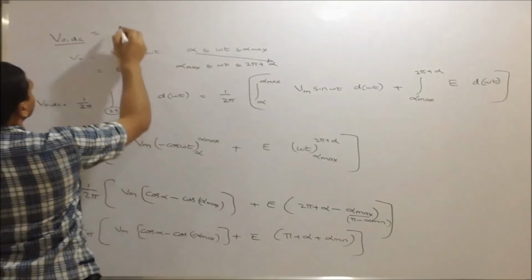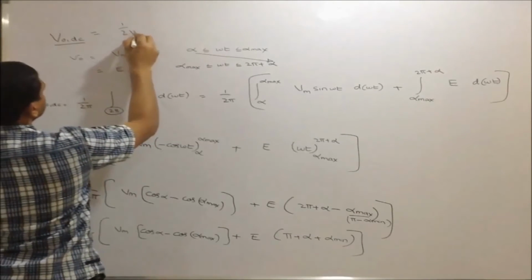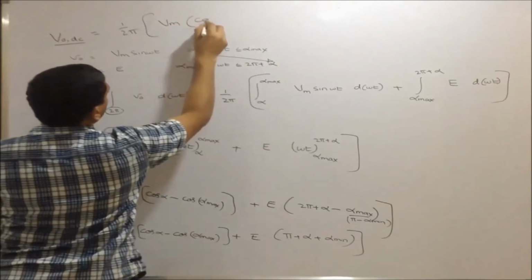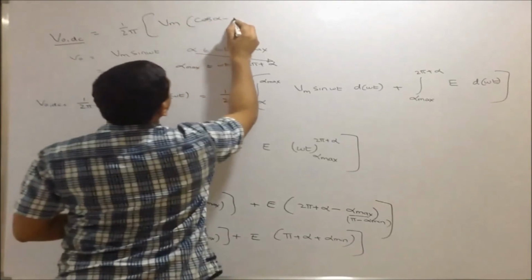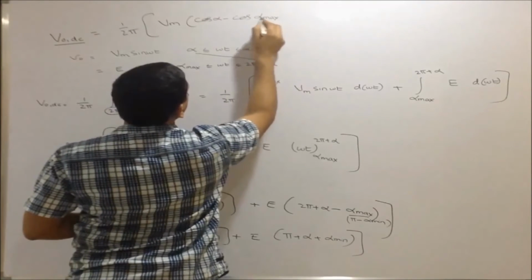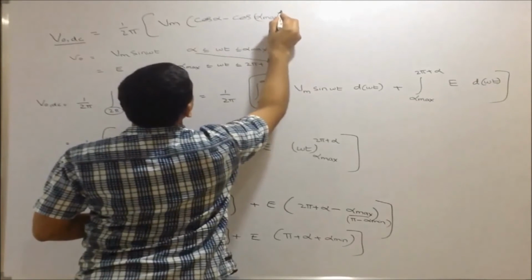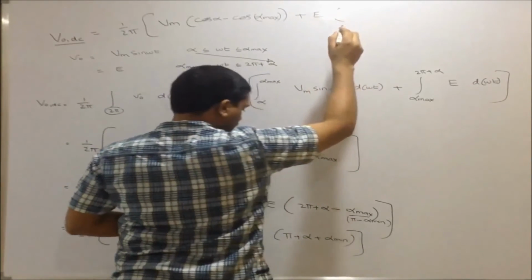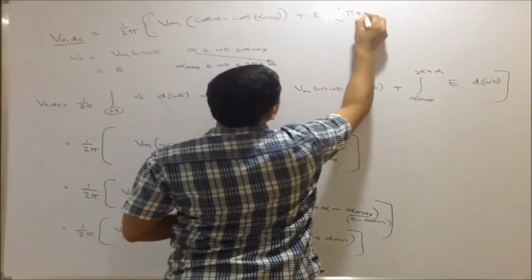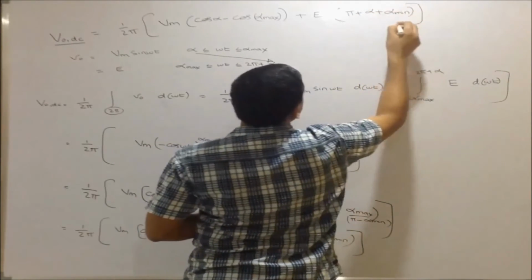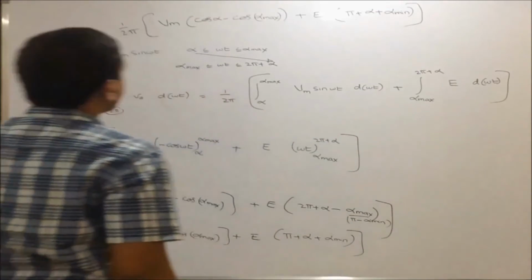V naught DC is what? 1 by 2 pi Vm into cos alpha minus cos alpha max plus E into pi plus alpha plus alpha min. This we got through the direct integration.